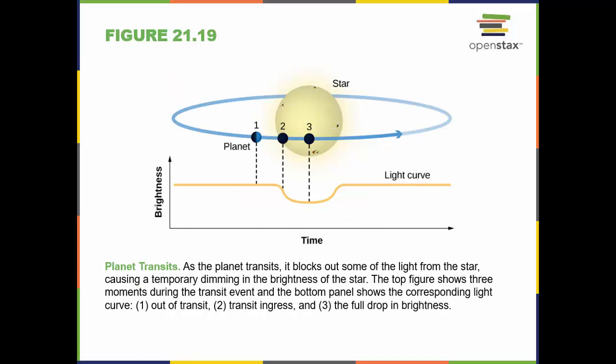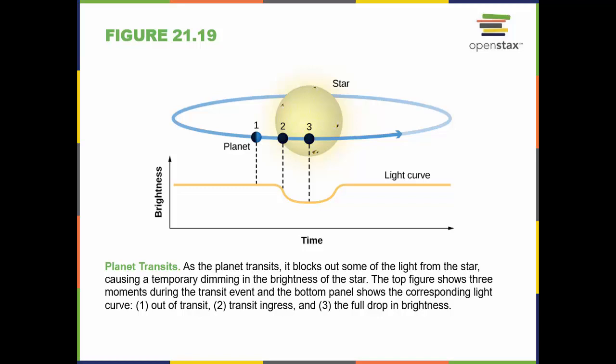Another way we can find planets is by looking at planet transits. As the planet transits, it blocks out some of the light from the star, causing a temporary dimming of the brightness of the star. This top figure shows three moments through the transit. First, when the planet is not in direct line with our observation, like in position 1, the star is really bright.